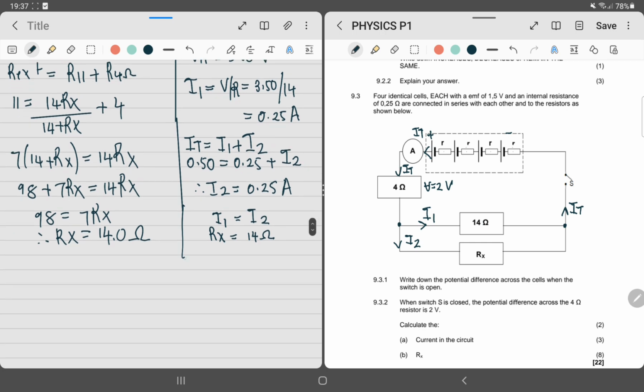Or you can calculate it. And then you will say Rx should be equal to V all over I. The voltage there is 3.50 and this is 0.25. You should get 14 ohms.